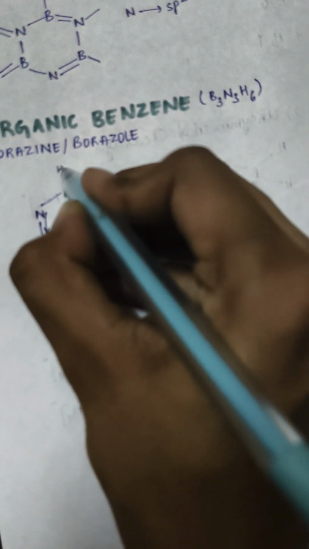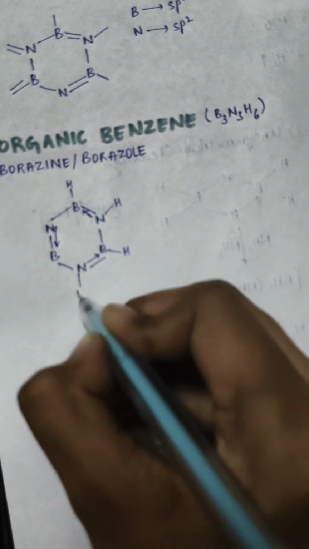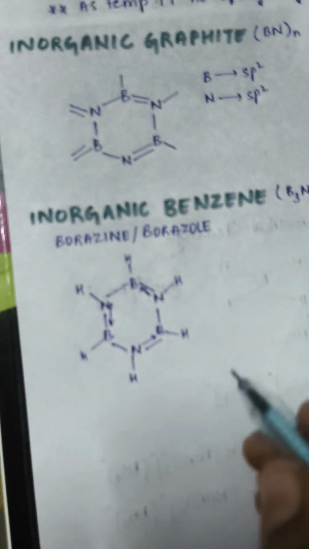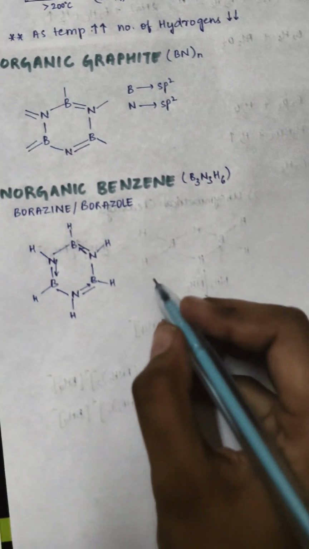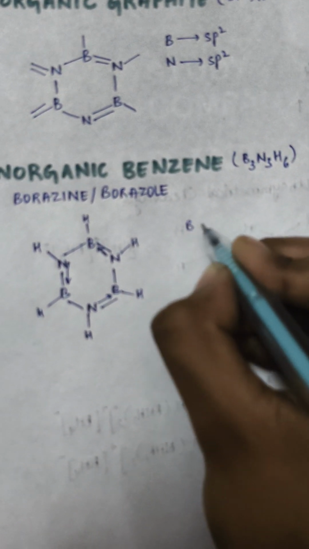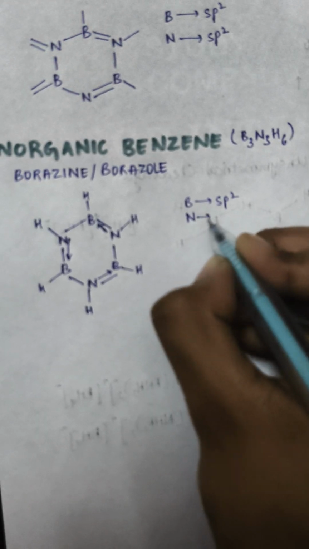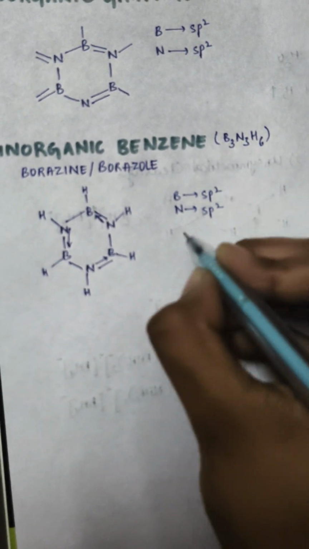And we of course have hydrogen. So in this, both B and N have sp2 hybridization.